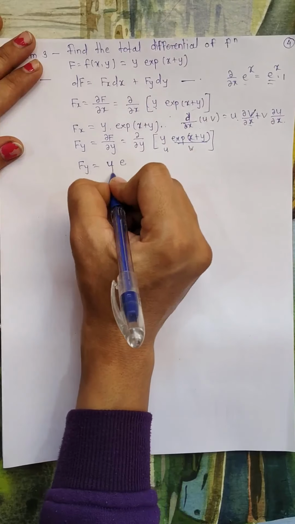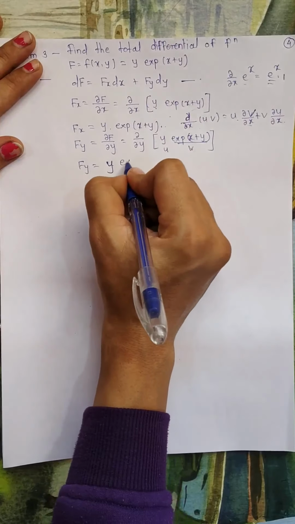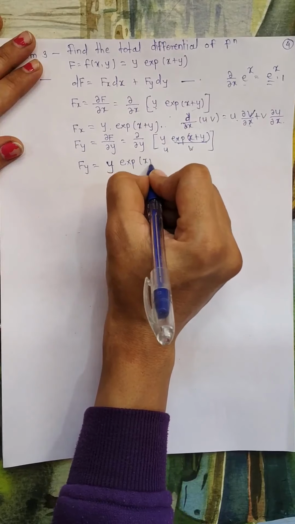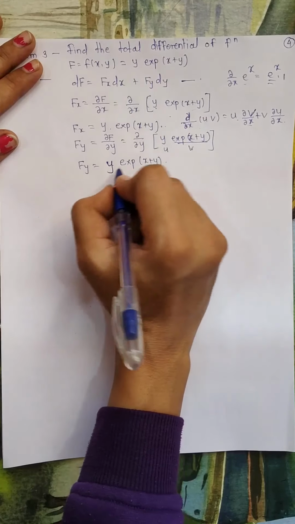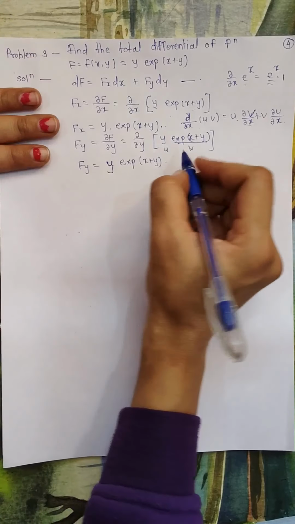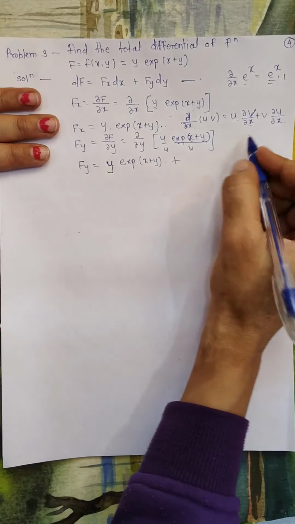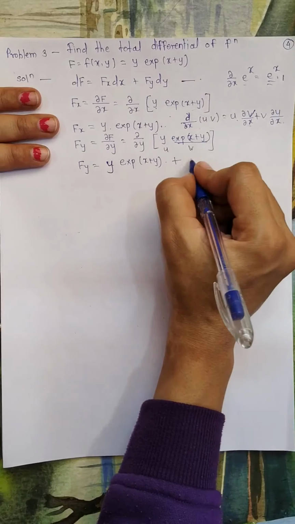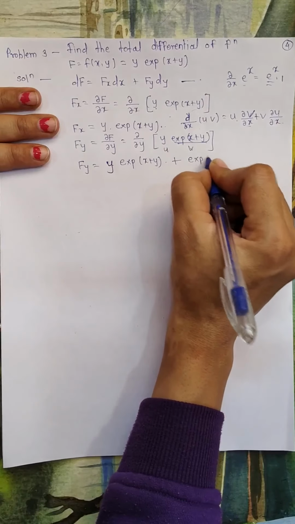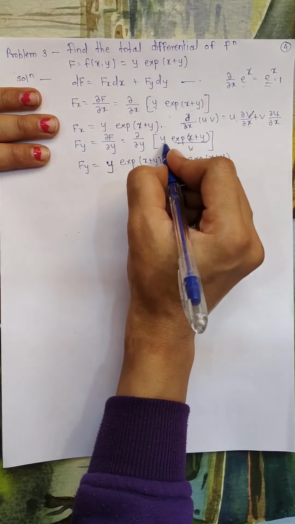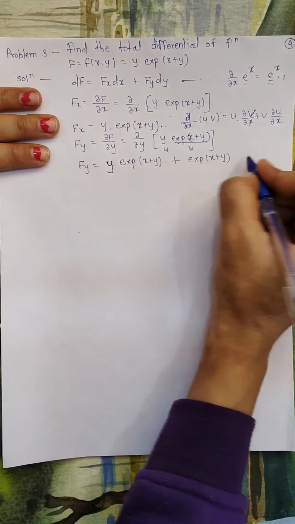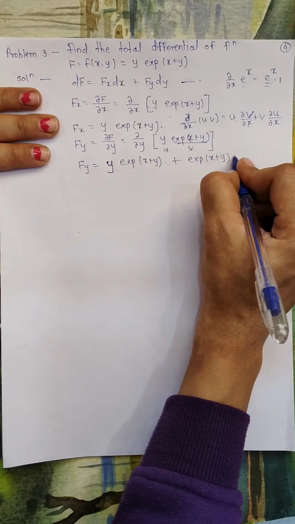Here u is now y and derivative of v is exponential x plus y into 1 plus 0, that is 1. So into 1 means same quantity, plus now v as it is, that is exponential of x plus y, and derivative of u means derivative of y with respect to y is nothing but 1, and into 1 means same.